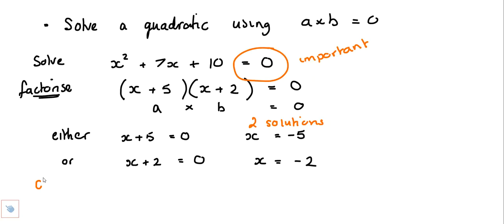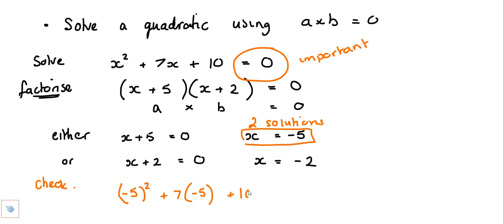So let's do a check and use this one. We'll say it's minus 5 squared plus 7 times minus 5 plus 10. What does it equal? So we've got 25. Where'd you get that from? Well, I put this value into here.